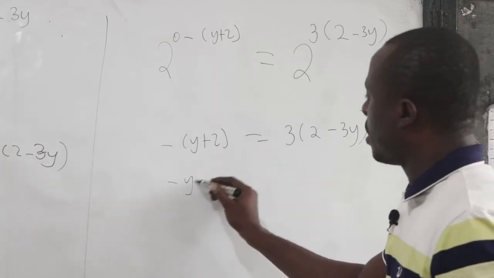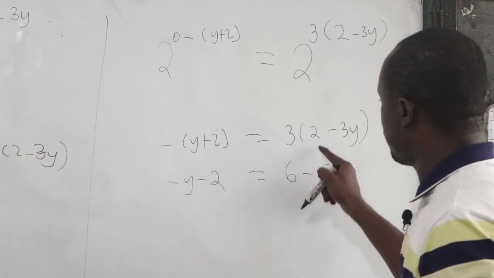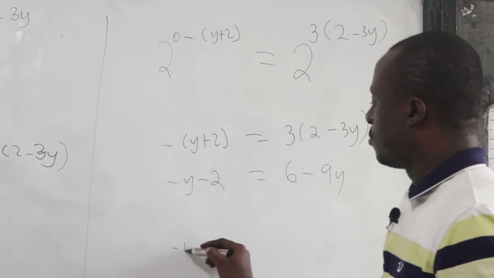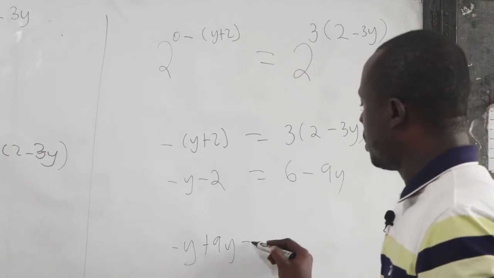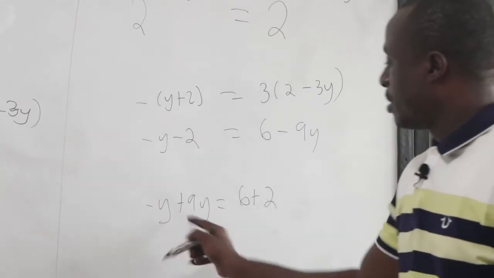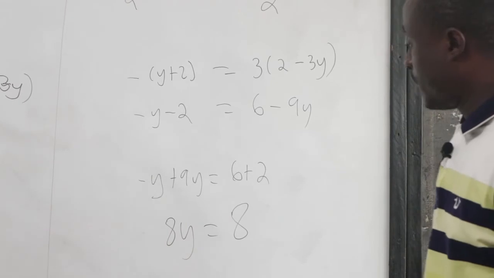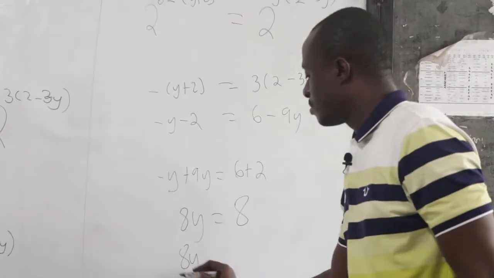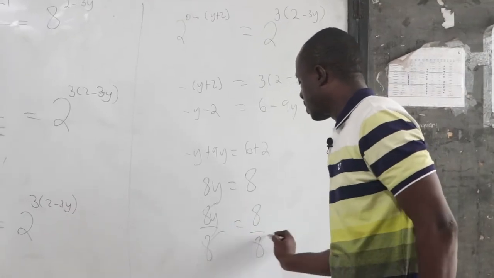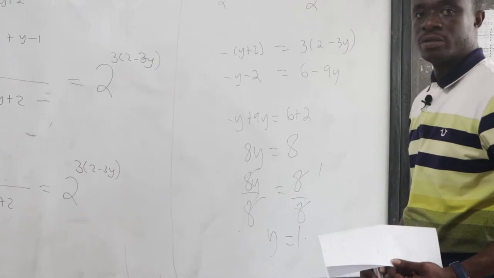We have negative y minus 2 equal to 6 minus 9y. This has to go here, this has to come here. We have negative y plus 9y equal to 6 plus 2. Now this is 8y equal to 8. I want to find y, so divide both sides by 8. You have y equal to 1.